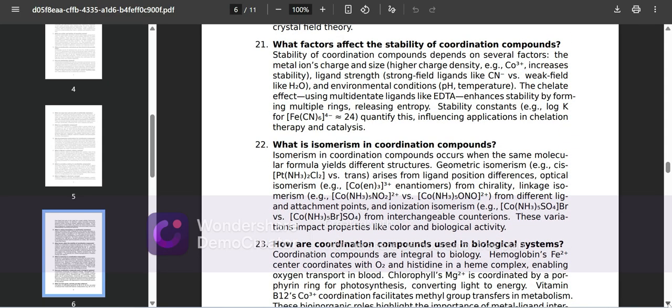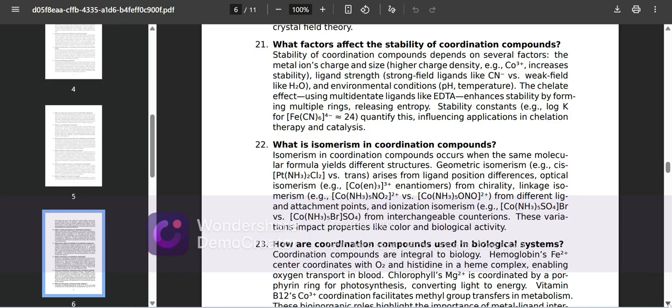What factors affect the stability of coordination compounds? Stability of coordination compounds depends on several factors. The metal ion's charge and size: higher charge density, for example Co3+, increases stability. Ligands: strong field ligands like cyanide versus weak field ligands like H2O, and environmental conditions such as pH and temperature.